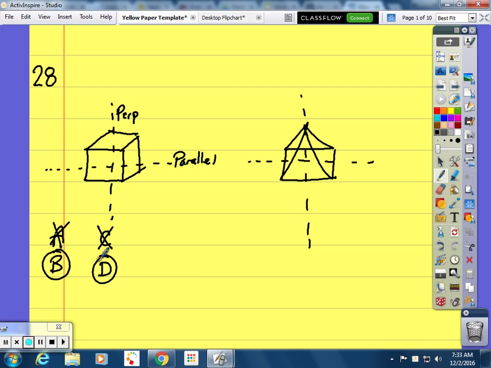Well, if my pyramid is up this way and I cut it this way, if I take the top off this pyramid and look down, I would see a square. It all depends on how perfectly square the bottom is, and it should be because it said right angles. So if the base is a square, I could see a square. So that's B, D, and E.